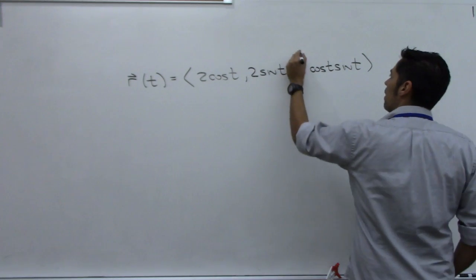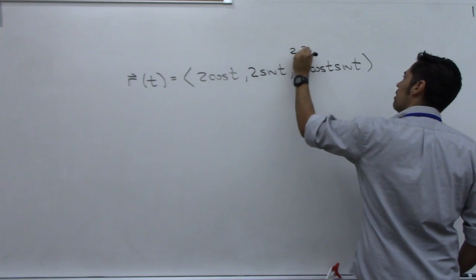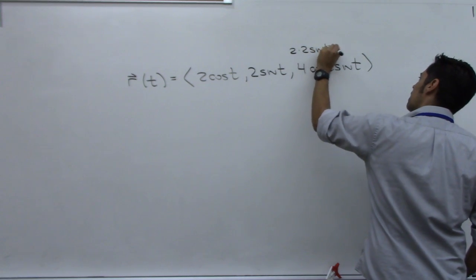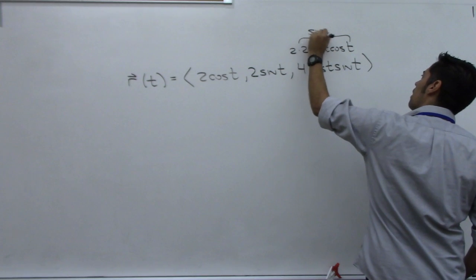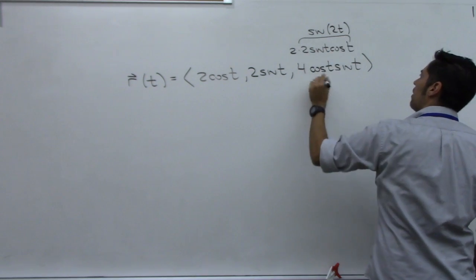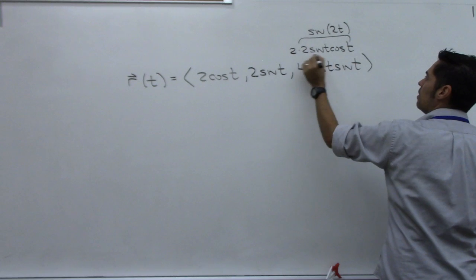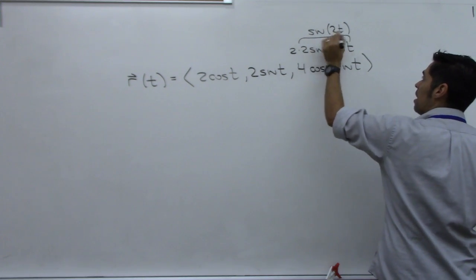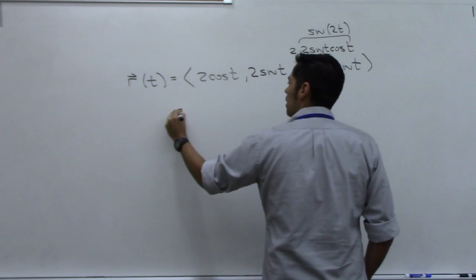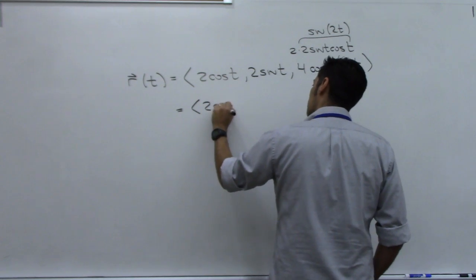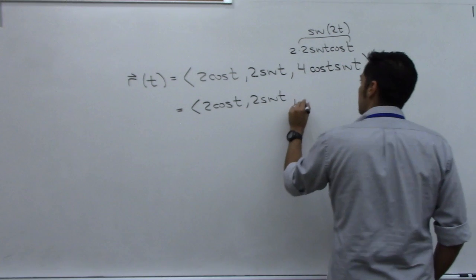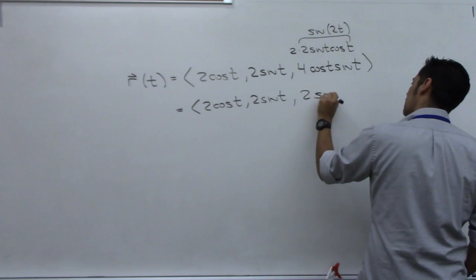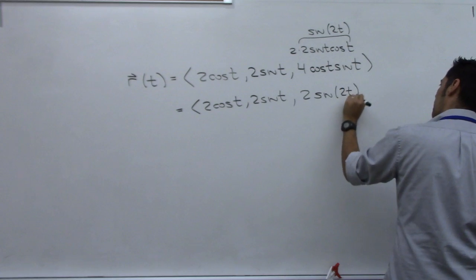So I want to point out that this is the same as 2 times 2 sine t cosine t, and from pre-cal, 2 sine t cosine t is sine 2t. So this is really just 2 cosine t, 2 sine t, and then 2 sine 2t.